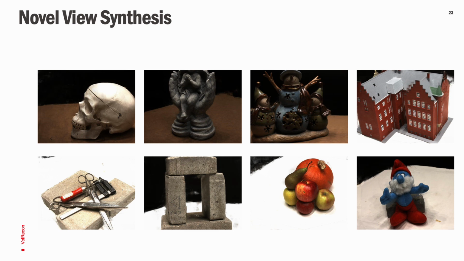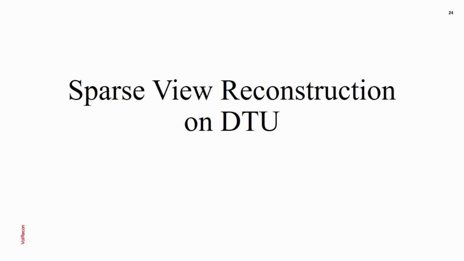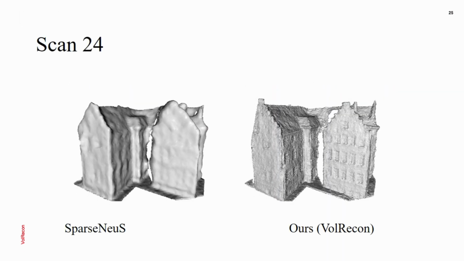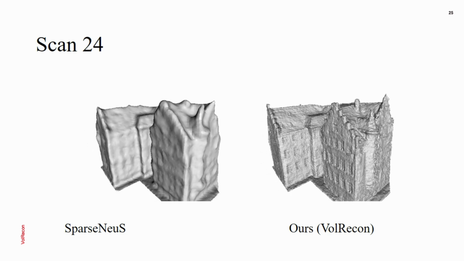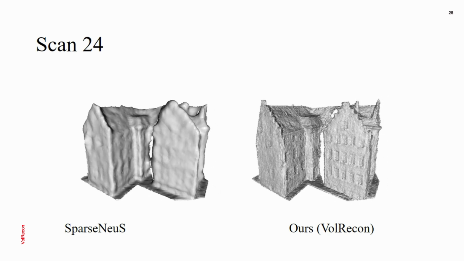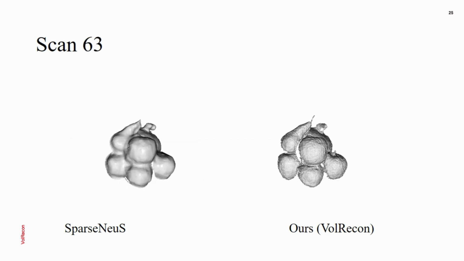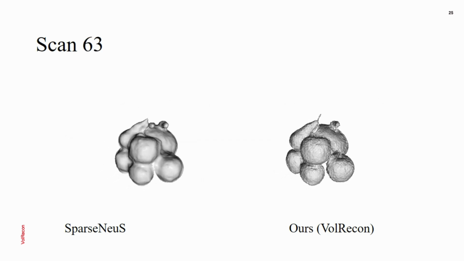Here's the result of rendered novel views from 4 nearby input views. Besides the quantitative results, we also provide a visual comparison of reconstructed meshes, comparing VolRecon and SparseNeuS. Our method reconstructs with fine details.